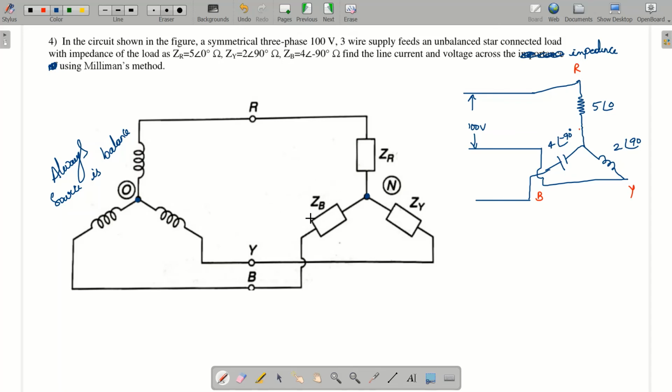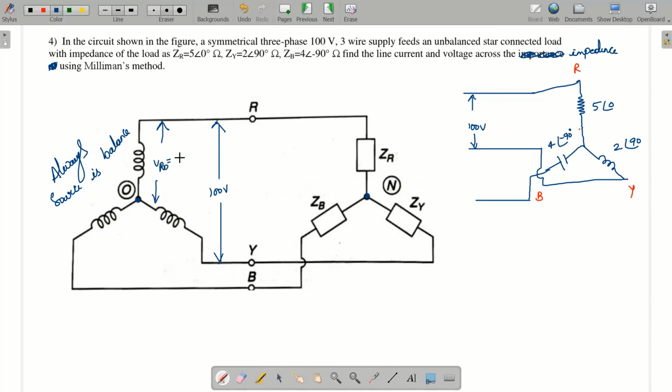If the line voltage they have given is 100 volts, then what can I write?